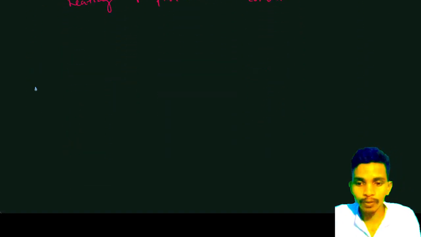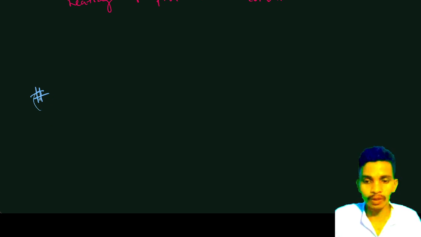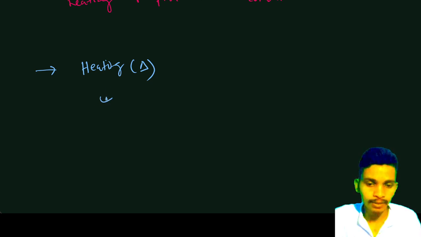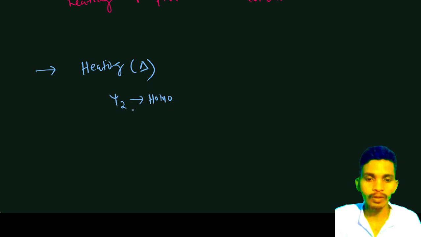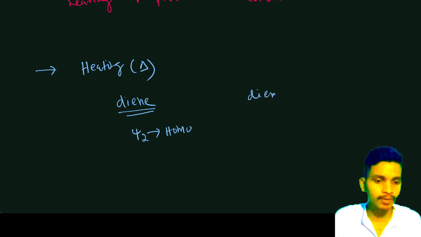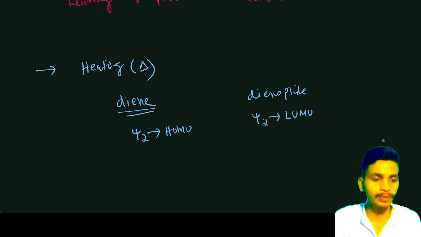From above, what we notice is that for heating, that is if we give heat, psi 2 is the HOMO for the diene case, and for the dienophile case, again psi 2 is the LUMO, as we have seen here.